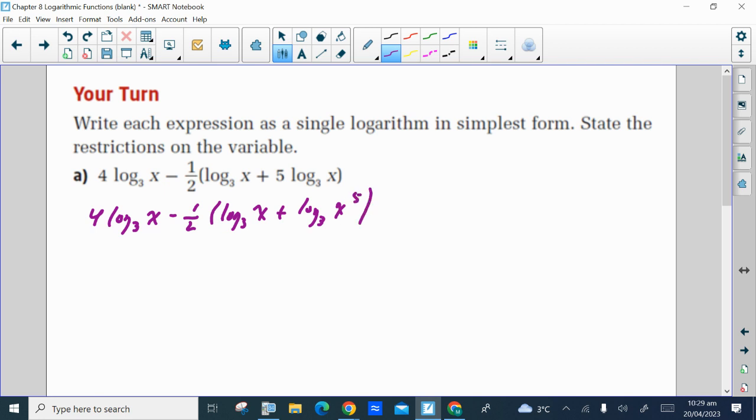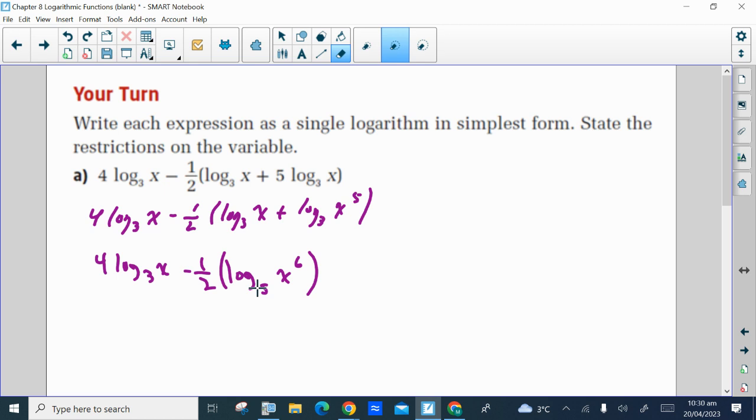Bring the coefficient up as an exponent. And then we can combine those two terms. It'll be log base 5 of x times x to the 5th. When you're multiplying powers with the same base, you add the exponents and keep the base the same. X to the 1 times x to the 5th is x to the 6th.